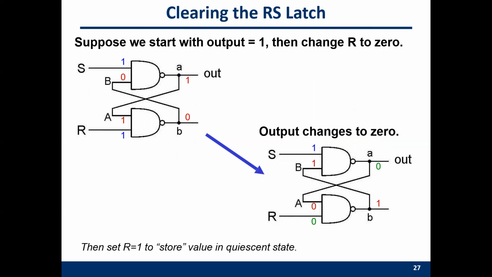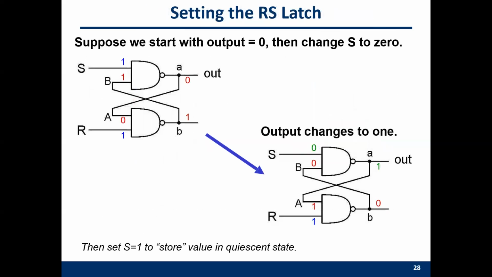If you have that unstable state, you can reset by assigning a 0 to R. If you want to set the cell, assume that we start with the output 0, then you need to change S to 0.